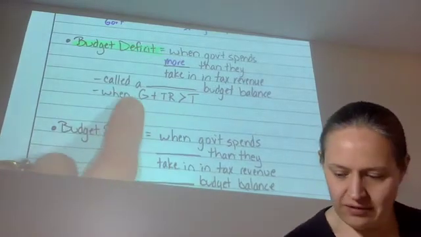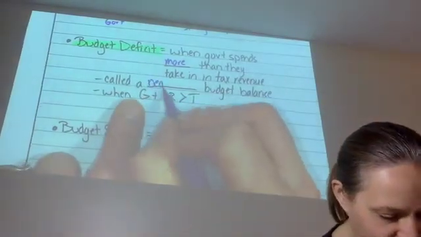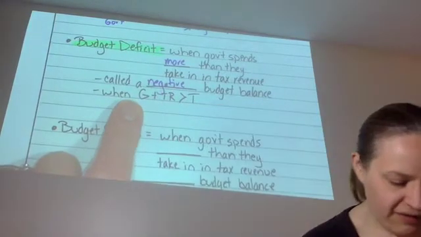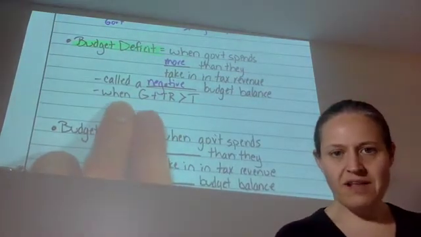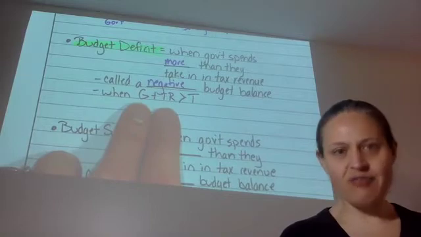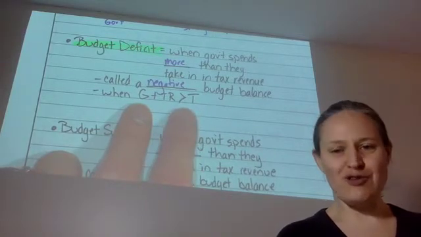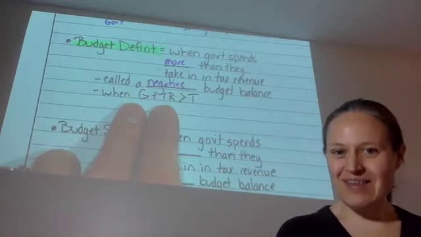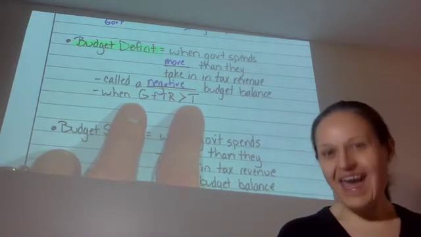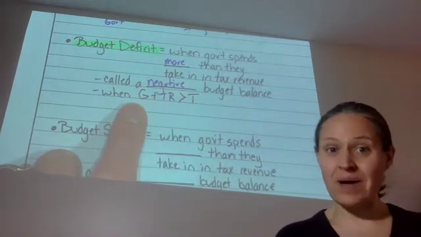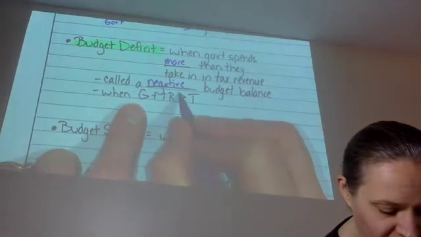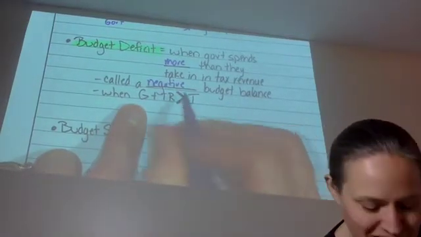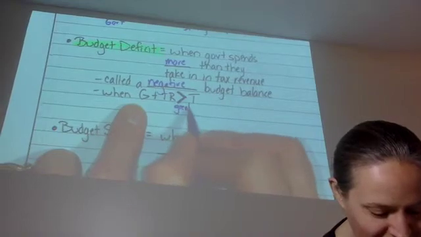It is called a negative budget balance, and it's when government spending plus transfer payments is greater than tax revenue, or taxes, the money they got in. So if you're like me and you always forget what these symbols mean, that is the greater than symbol.